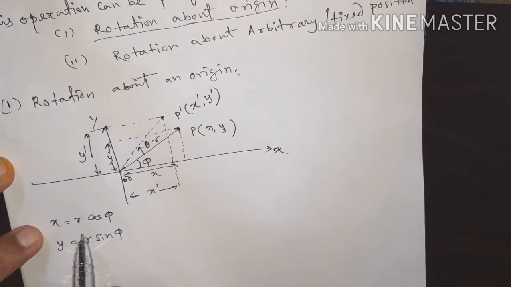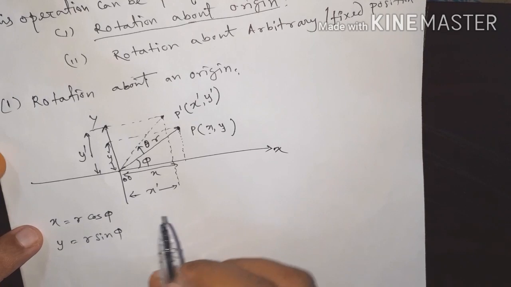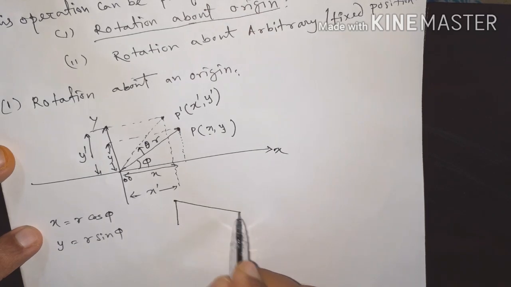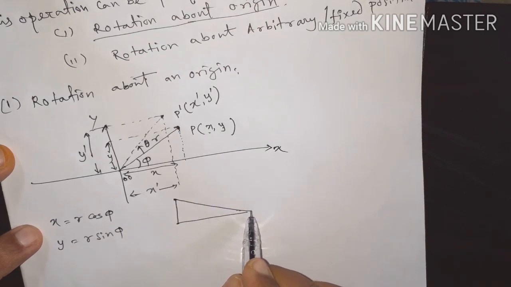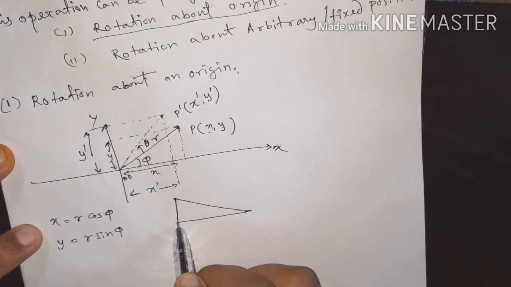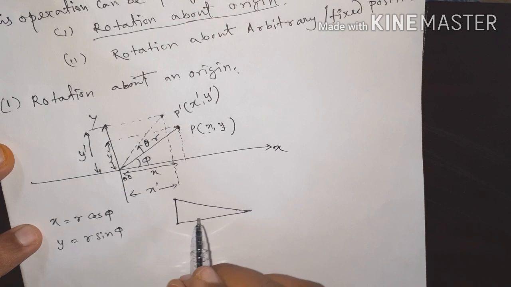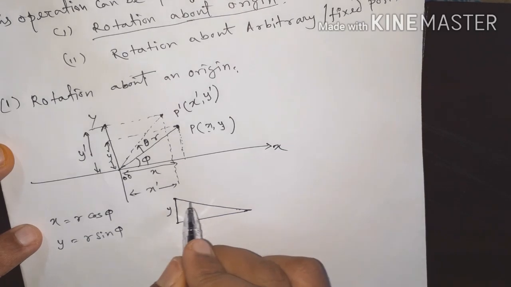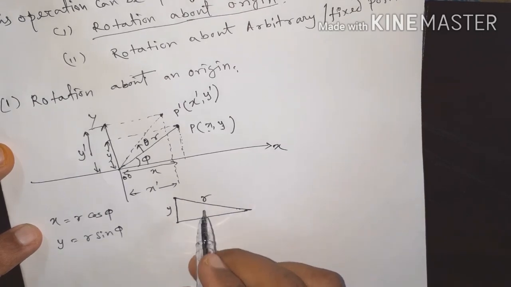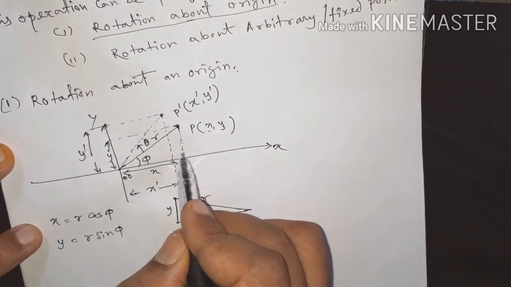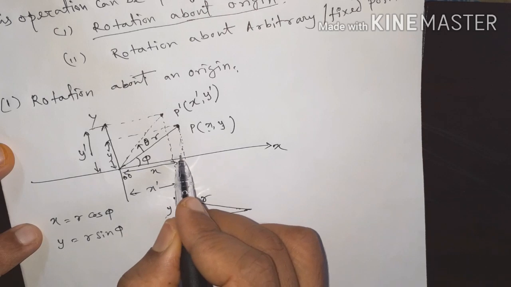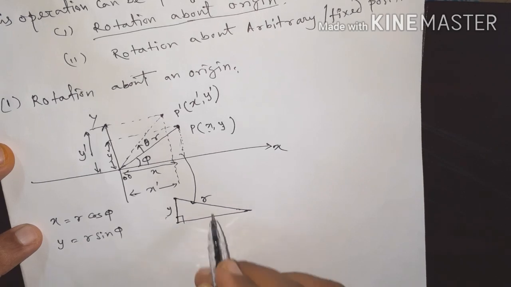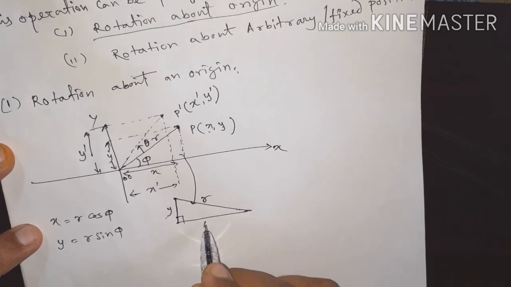I can relate this equation in another way. Consider a triangle with the x-axis as base; this distance is y, the hypotenuse is r, the opposite is y, and the base, the adjacent, is x.